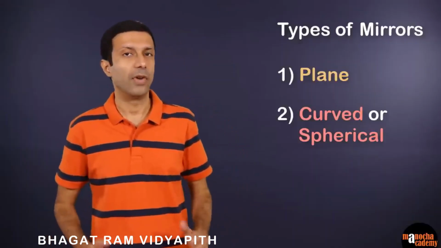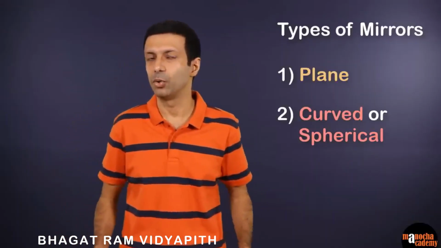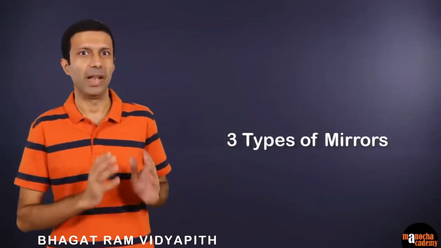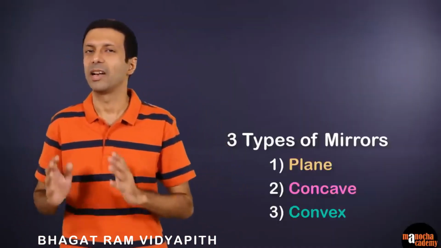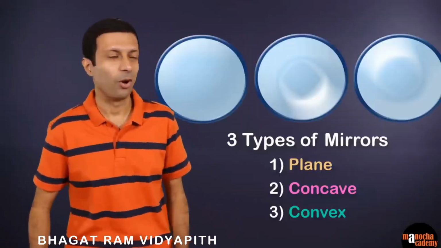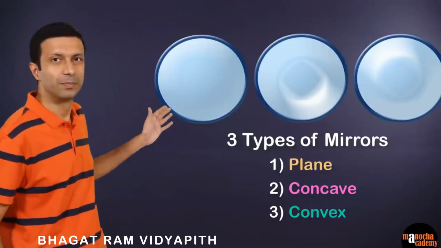Know that mirrors are of different types: plane mirror and curved or spherical mirrors. Spherical mirrors can be further divided into concave mirror and convex mirror. So there are three types of mirrors: plane, concave and convex. In fact, I have all these three mirrors on this wall here for you. I'm going to go and stand in front of each of these mirrors and let's see what do we observe.